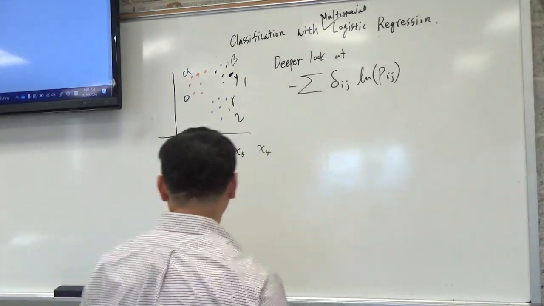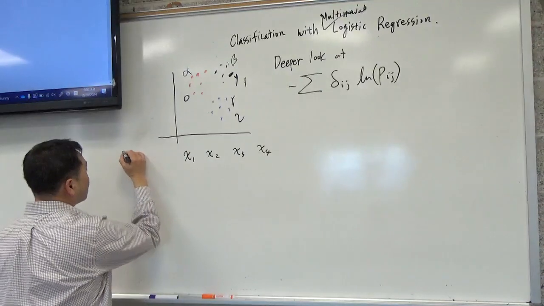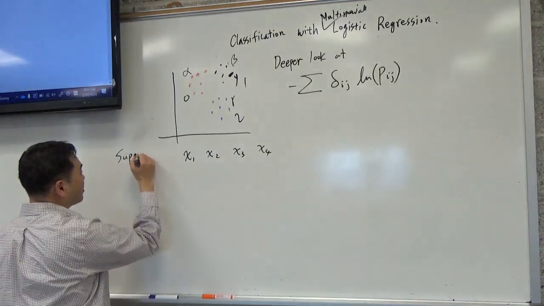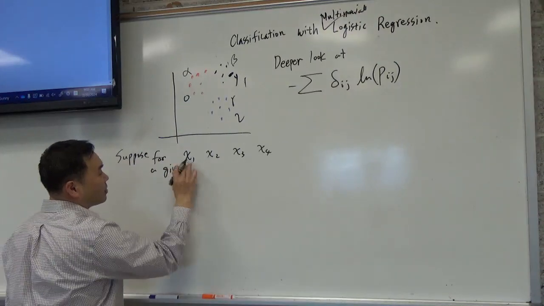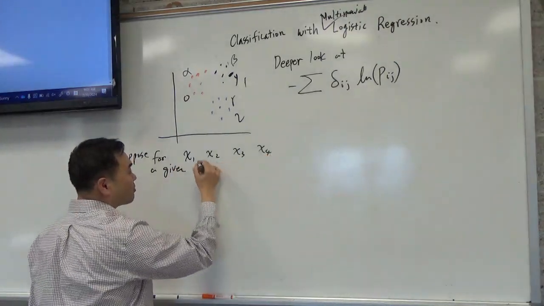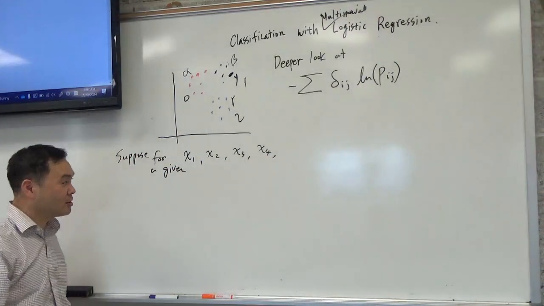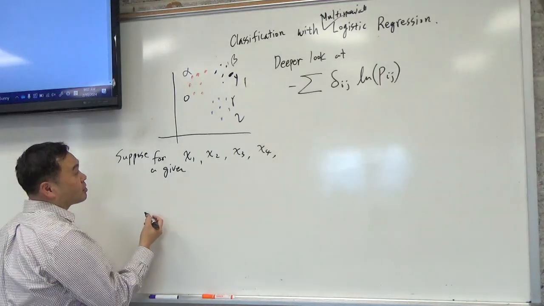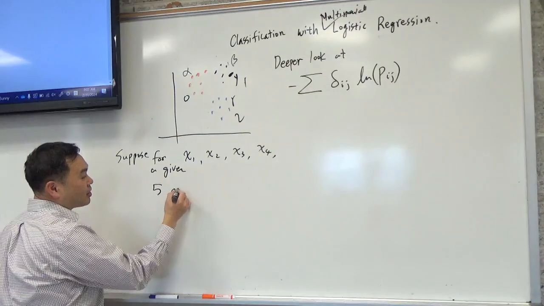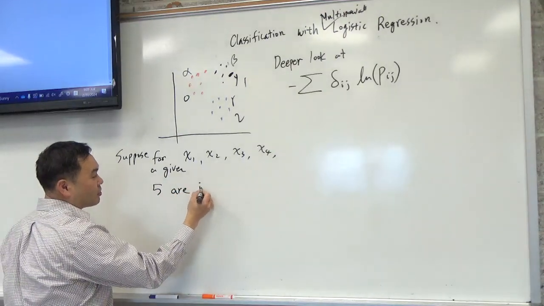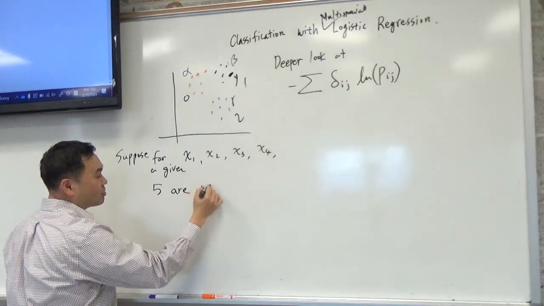And suppose for a given x1, x2, x3, x4, some fixed value, I'm not even going to state it, let's say 5 are with label 0.